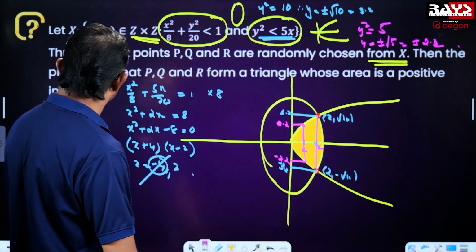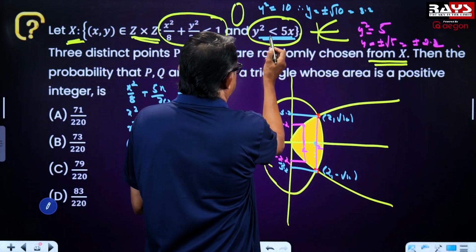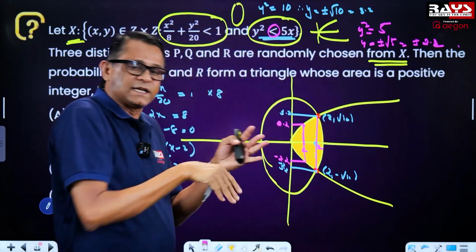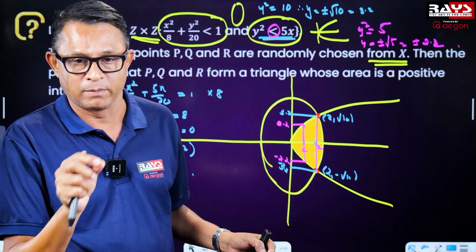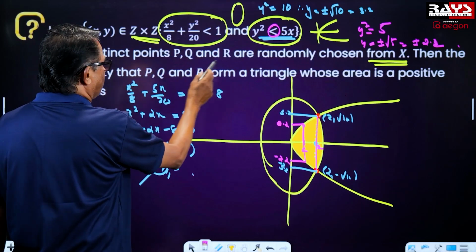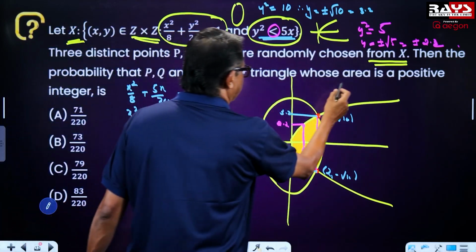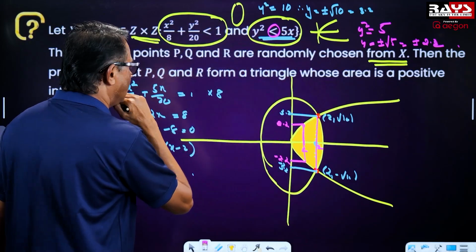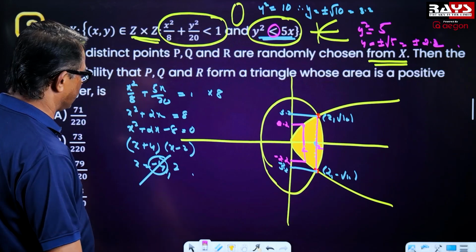Now we cannot take the border points because it is less than. Less than means strictly inside the area will be taken, so we don't consider any points on the boundary. And moreover, the 3 distinct points are randomly chosen from X. The probability that they form a triangle whose area is a positive integer.